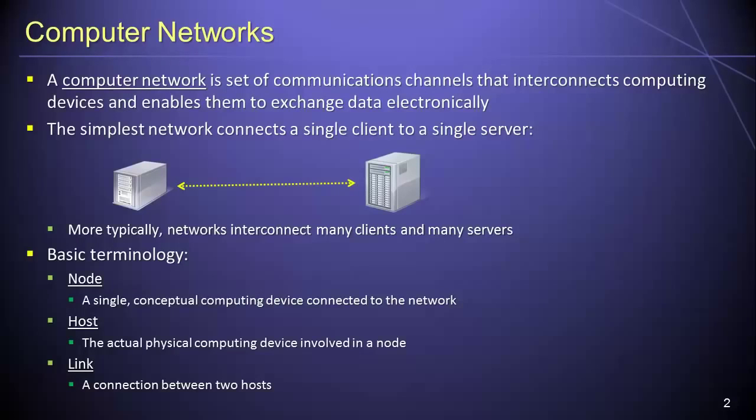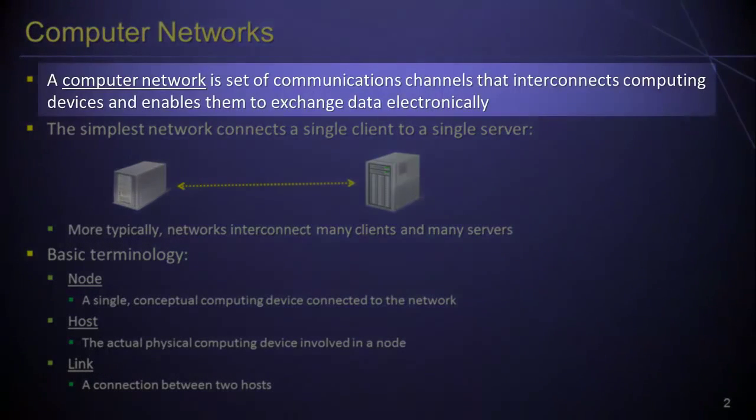Before we proceed with our examination of firewalls and network security, I would first like to take a few moments to discuss some basic concepts and terms associated with computer networks. Broadly speaking, a computer network is a set of communications channels that interconnects computing devices and enables them to exchange data electronically.